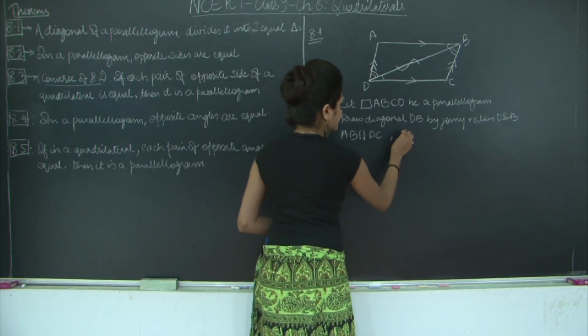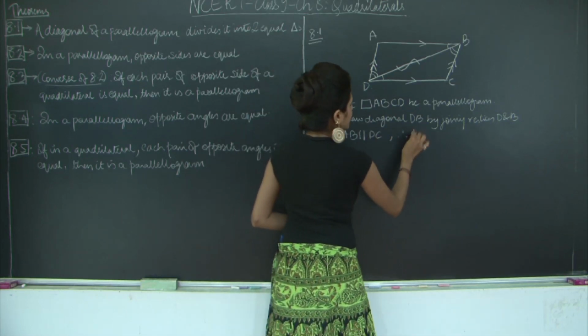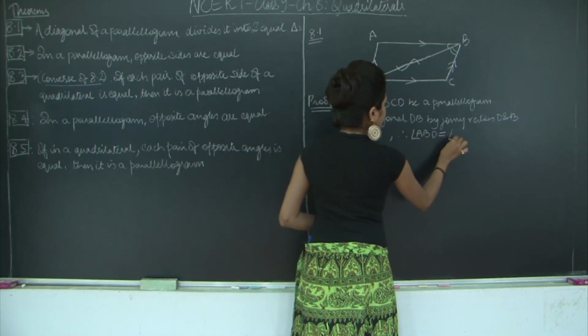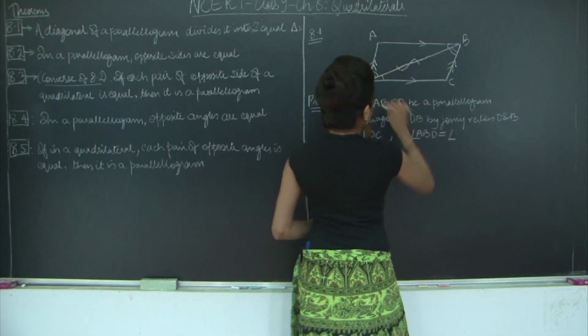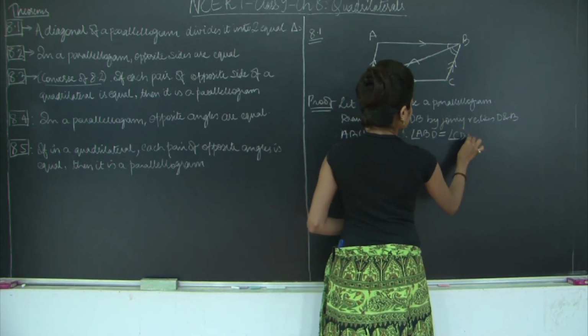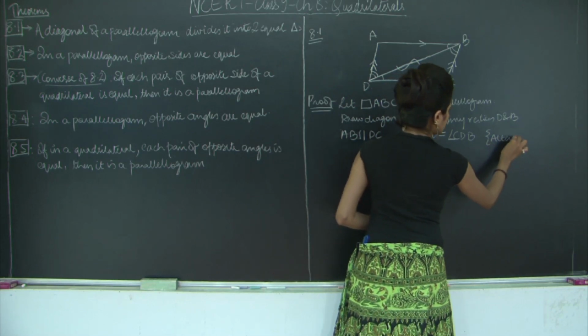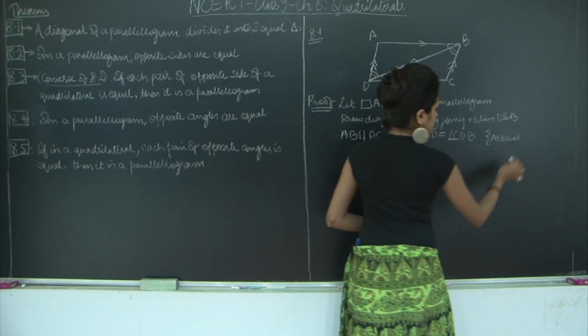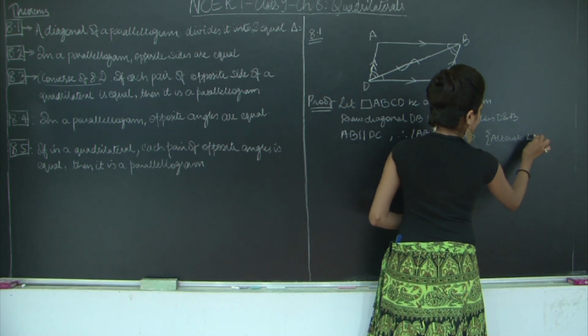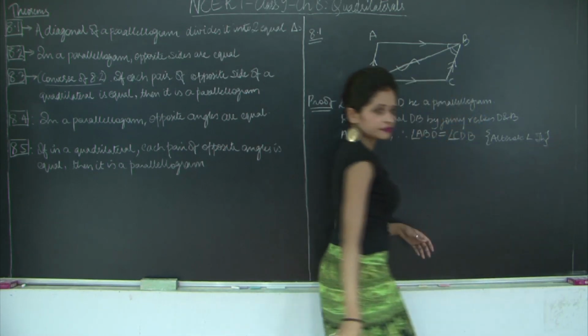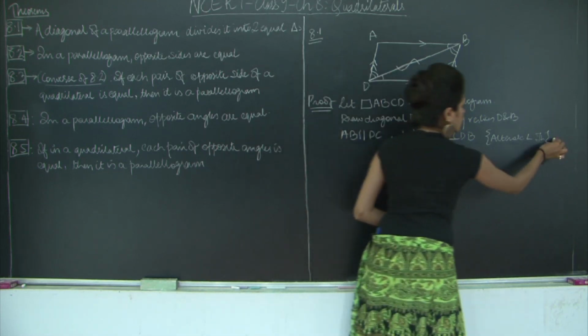Therefore what do I have? Angle ABD is equal to angle CDB. Why? Because they are alternate interior angles. So I'll say alternate angle theorem. And I'll mark this statement as 1.